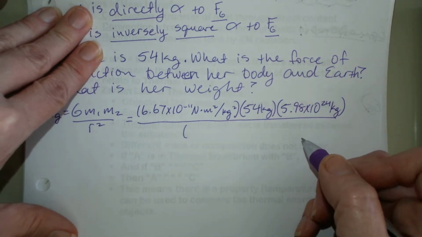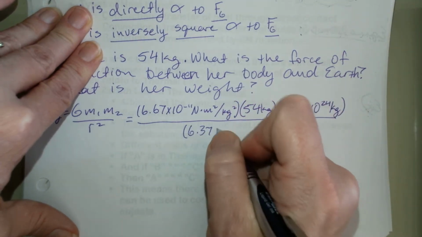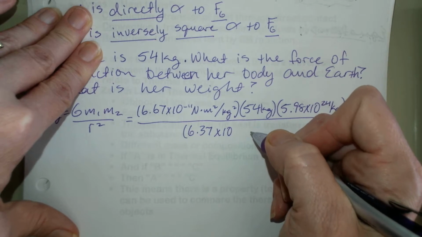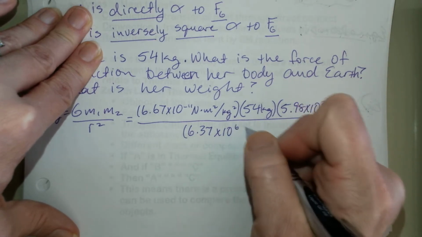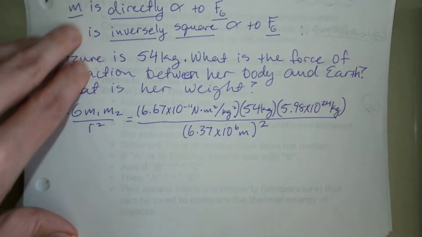That's 6.37 times 10 to the 6th meters, squared.